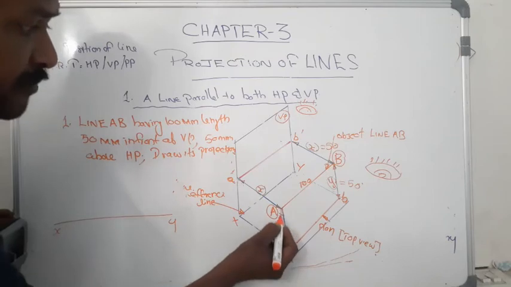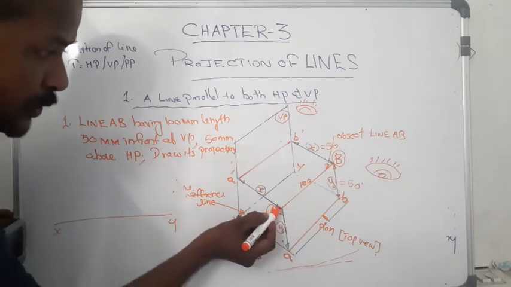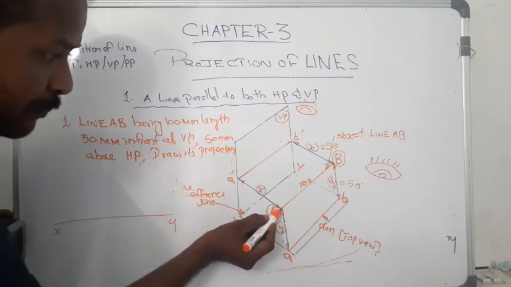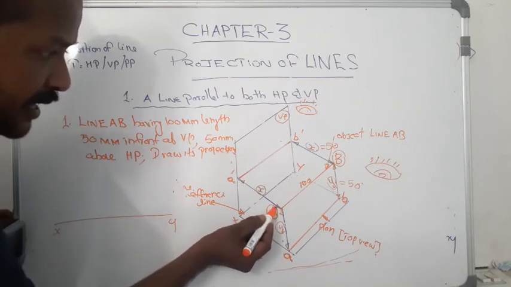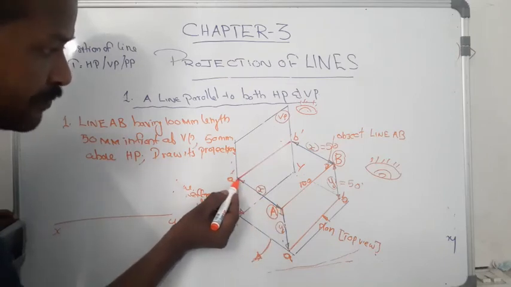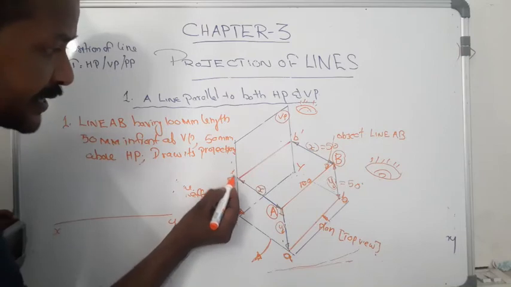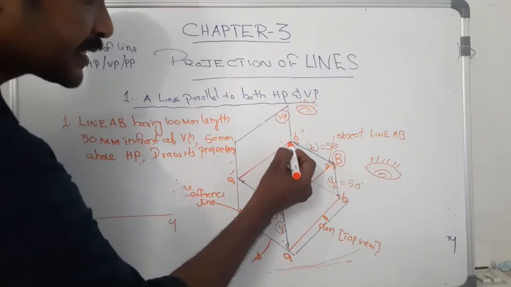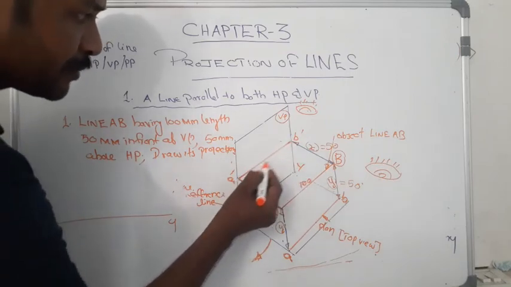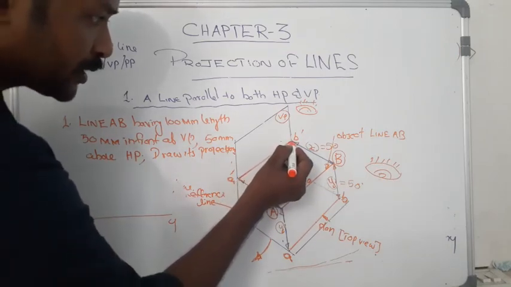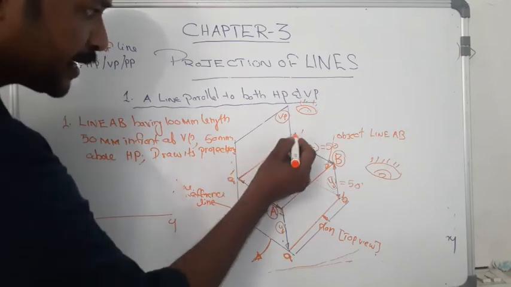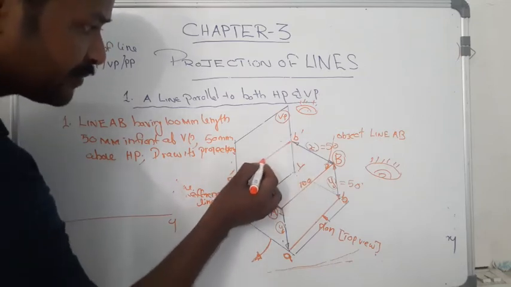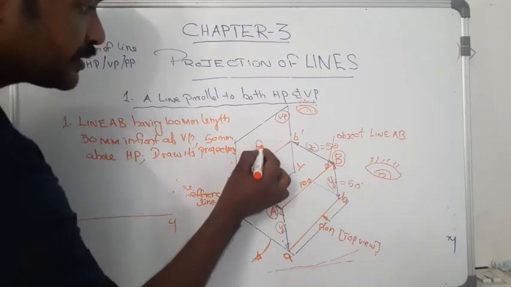So keeping that 50 mm, we have to project the point A. One end of the line is marked as A. When A is projected on its corresponding plane, it becomes A dash. Similarly, B becomes B dash, with a length of 100 mm. Now we have to join the two points A dash and B dash using a line. Then this is our front view.